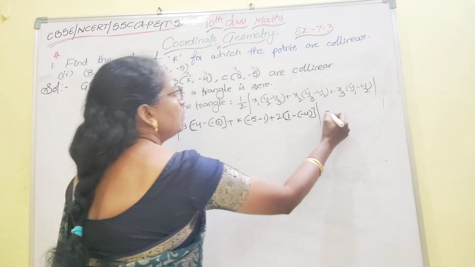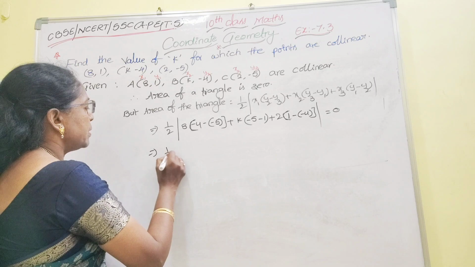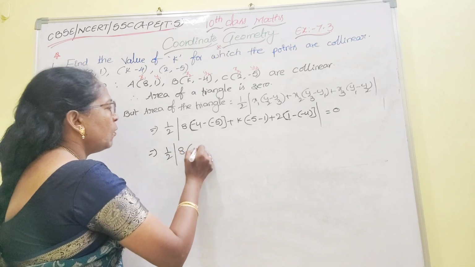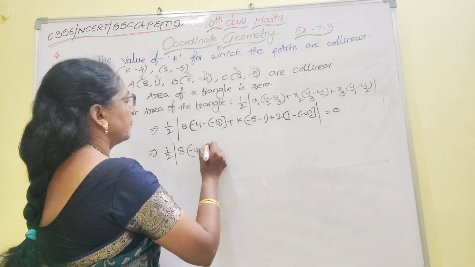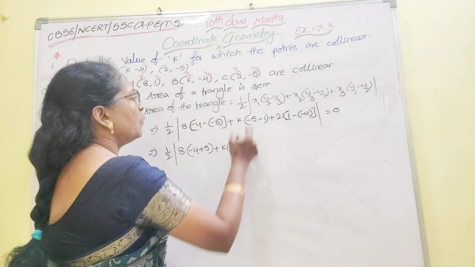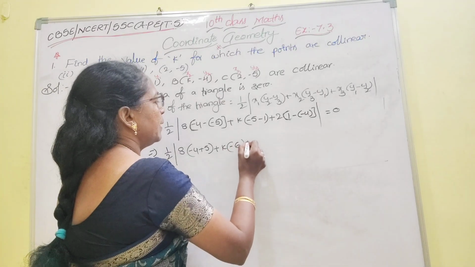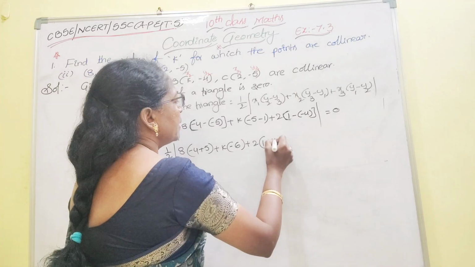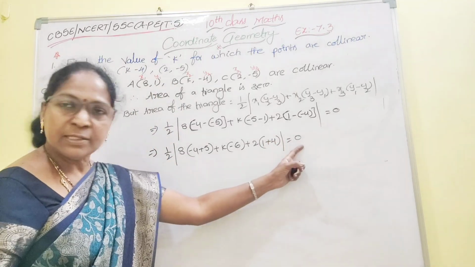That equals 0. Now, half modulus 8 into (minus 4 plus 5) plus k into (minus 5 minus 1) equals minus 6k, plus 2 into (1 plus 4). That equals 0.